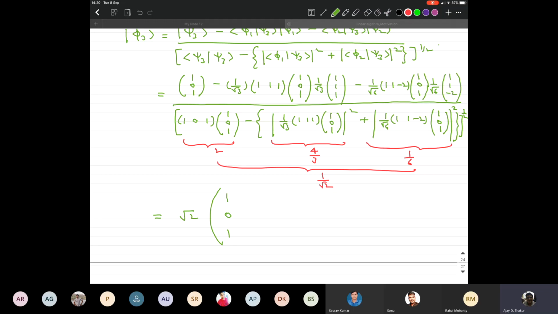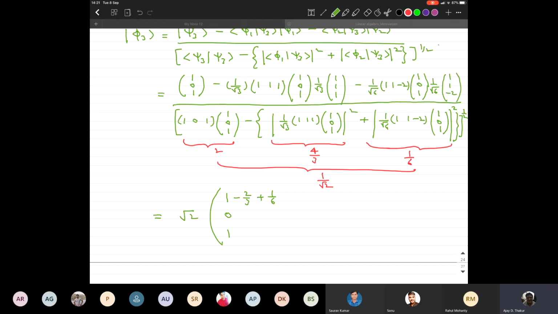So minus 2 by 3 from the first component, and then from the second component it is going to be 1 minus 2 is minus 1, plus 1 by 6. So that's the first component.